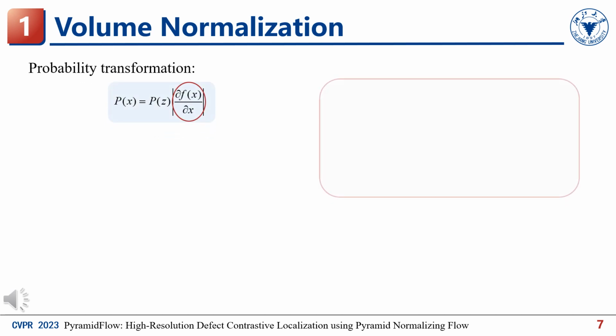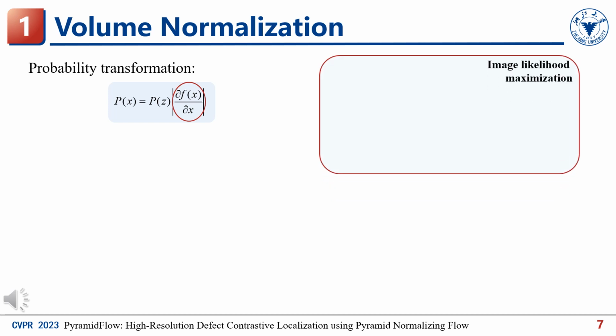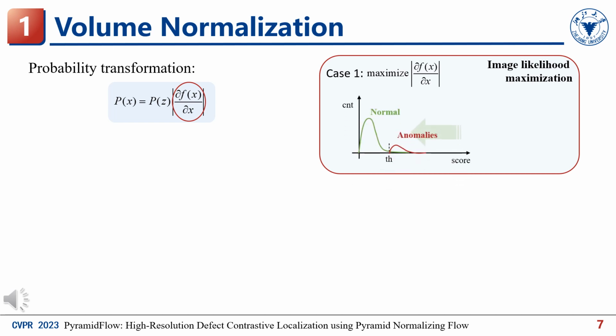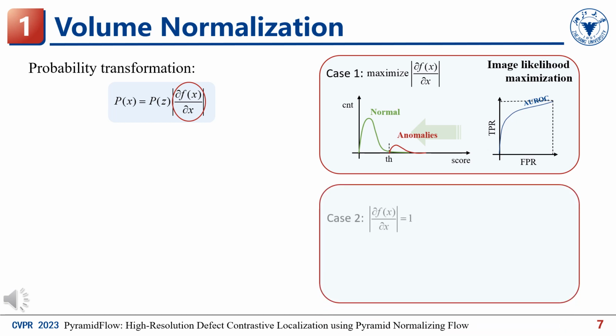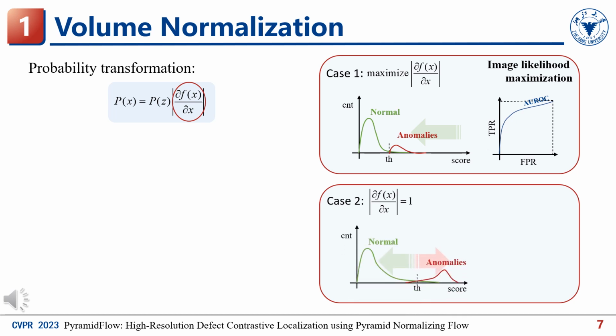Typically, the loss function is optimized to maximize the image likelihood, which implicitly maximizes the determinant of the Jacobian matrix. However, this can lead to an uncontrolled compression of the score threshold, which may impact the performance. Through our observations, we have noticed that by imposing volume-preserving flows, where the Jacobian determinant is constrained to a constant value of 1, there is an implicit redistribution of the intra-image probabilities.